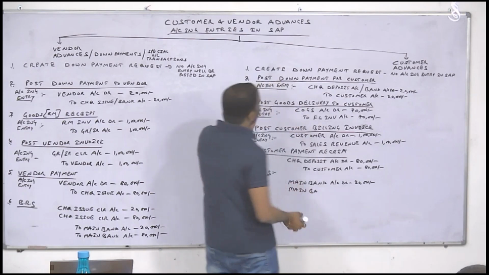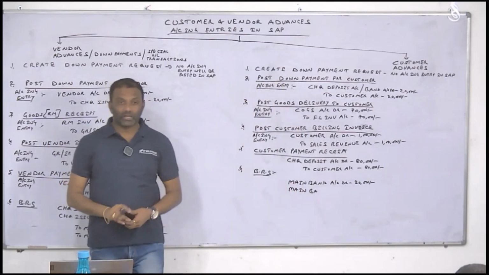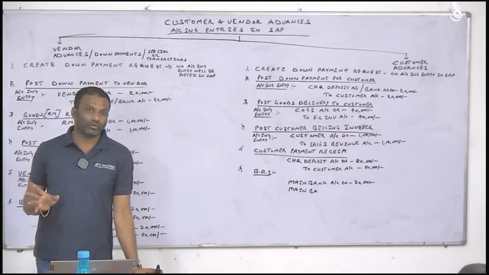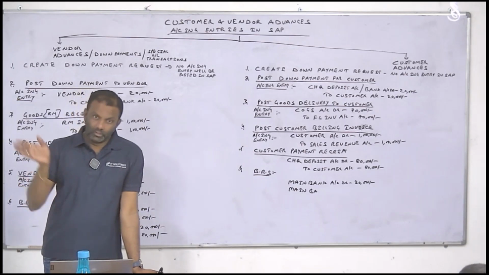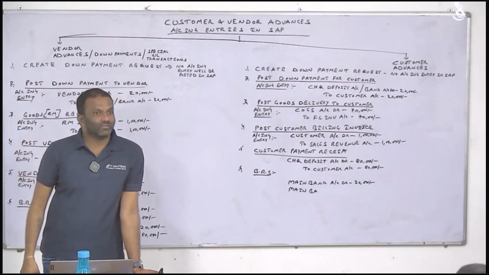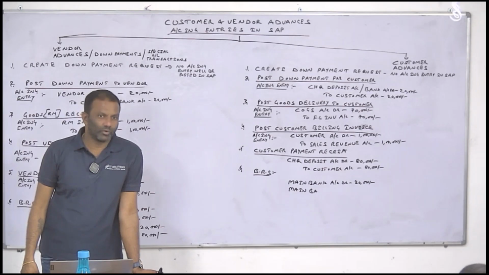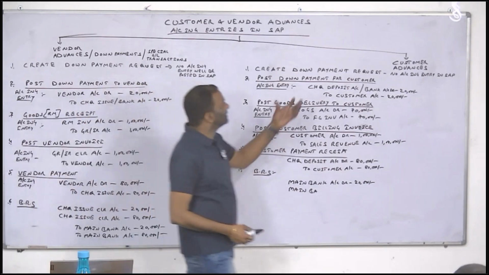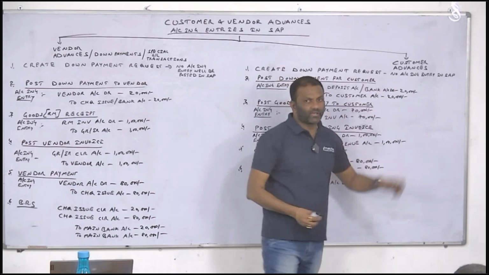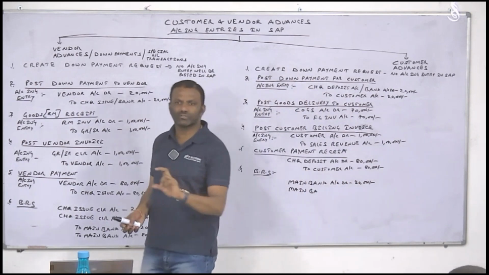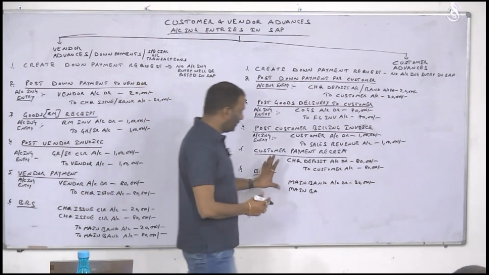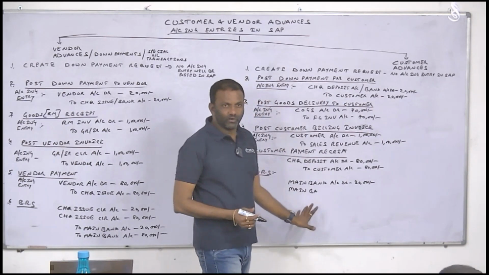But here, coming to the customer case, sometimes the customer directly deposits the advance amount in the bank also. Then normally which account you will take, check deposit or bank account, is a different thing; it will vary case to case. But we will follow the standard one.